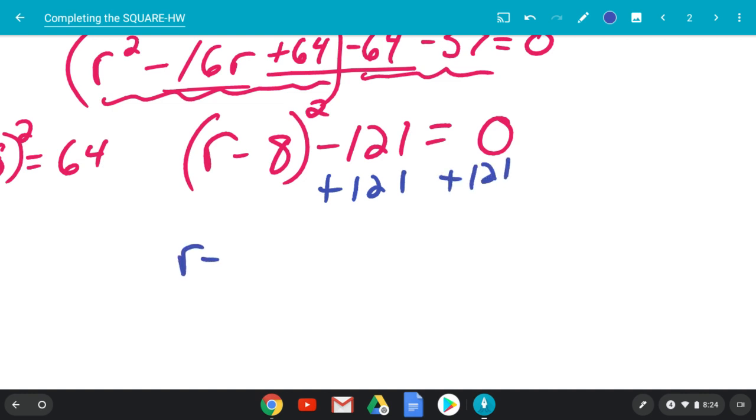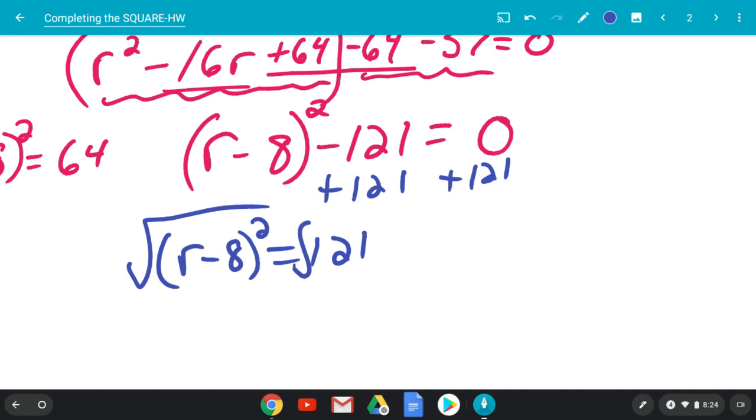So I have r minus 8 quantity squared equals 121. Now what? Ryan, square root of both sides. So I'm left with r minus 8 equals, what's it equal? 11 or negative 11, right? Am I done?